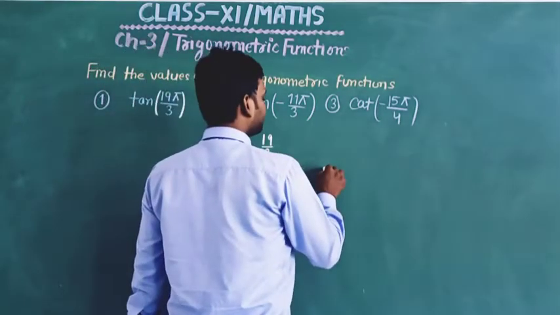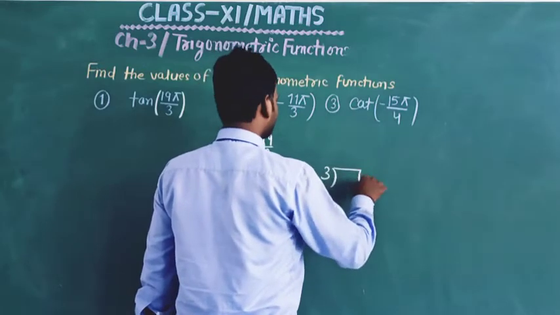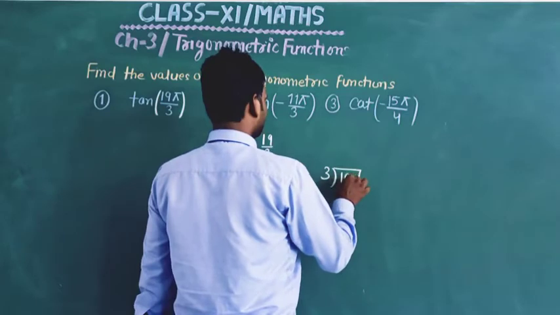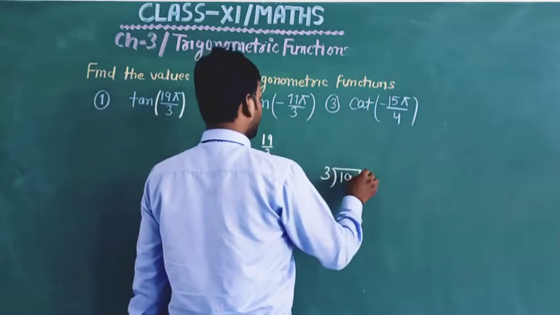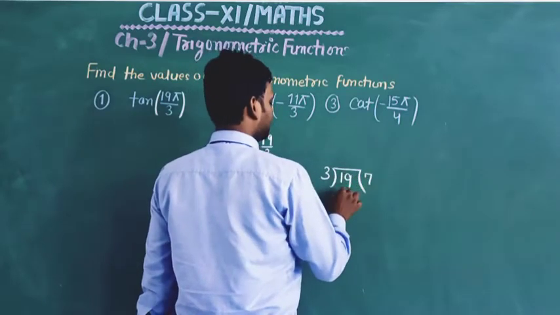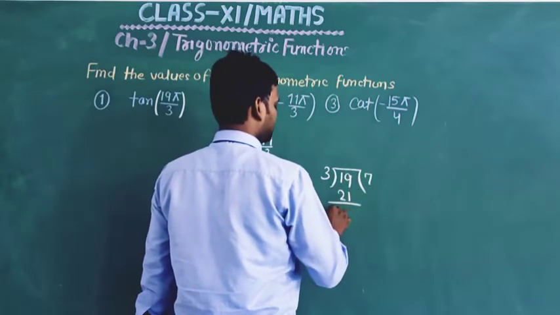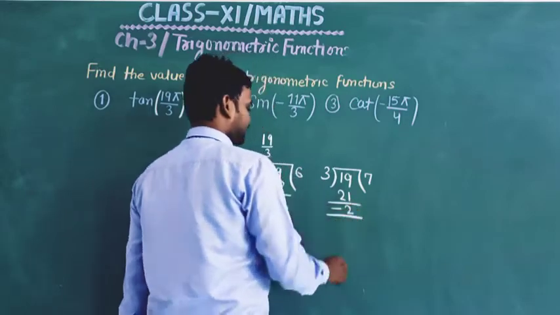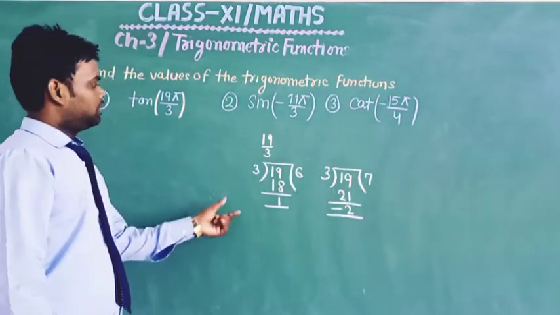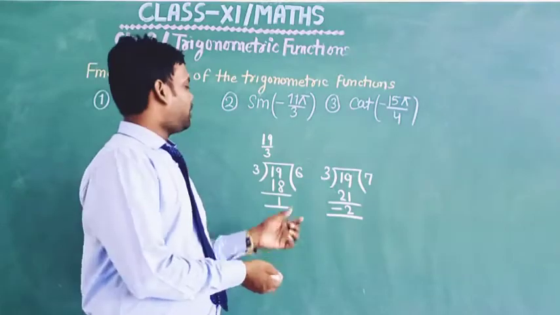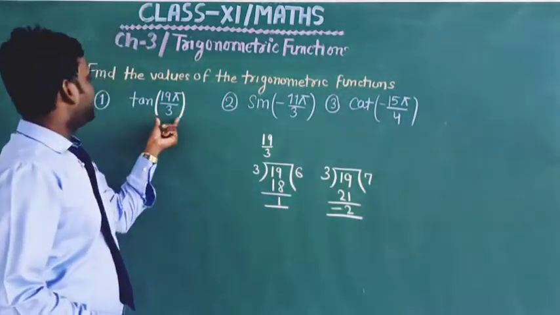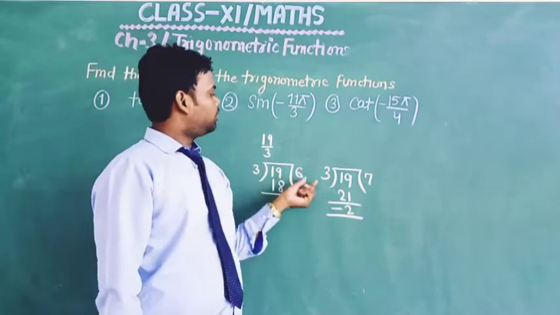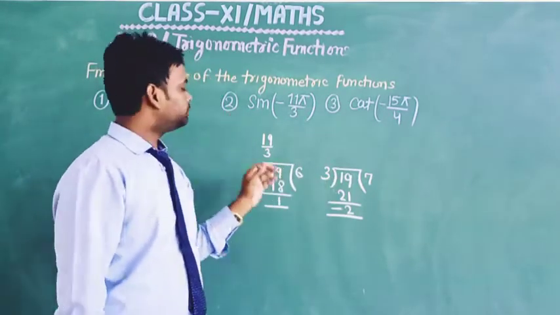What will come? 3 sevens are 21. Okay, 3 sevens 21. So here the remainder is minus 2. This will be done in every question where the angle is given in radian measure. One more step will also proceed.